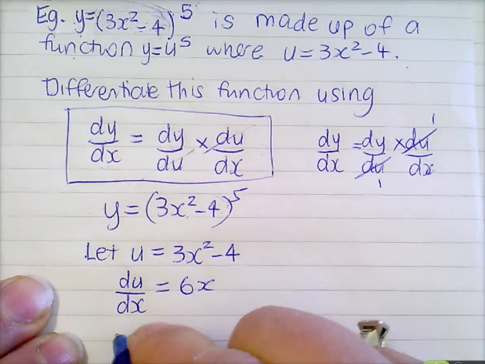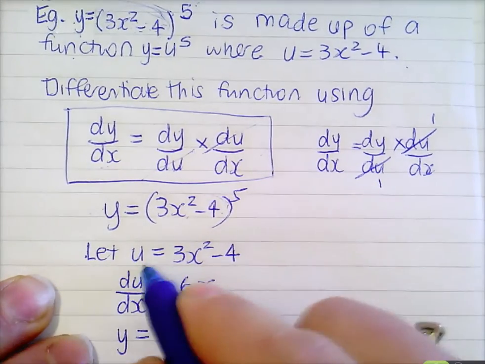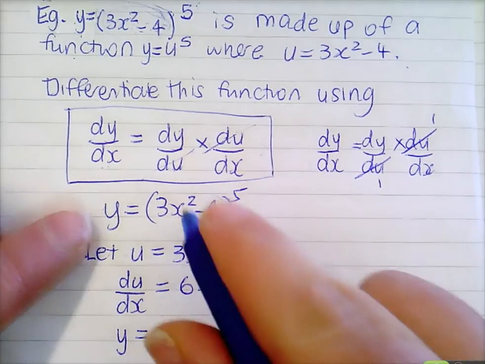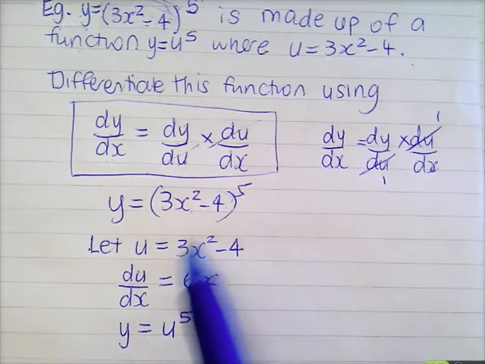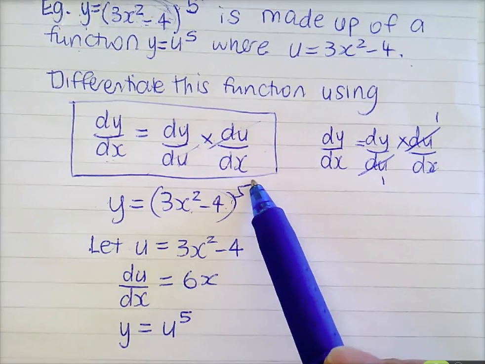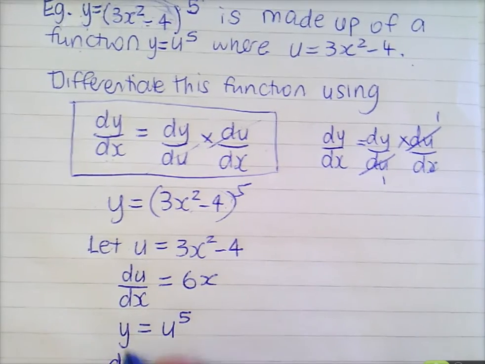Now, stop there. Our original function, we're letting u equal that. So du/dx is that. Because we let u equal that, my original function is u to the power of 5. Does that make sense? If u equals that, isn't my original function u to the power of 5?